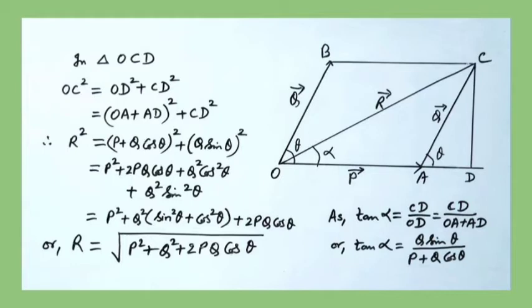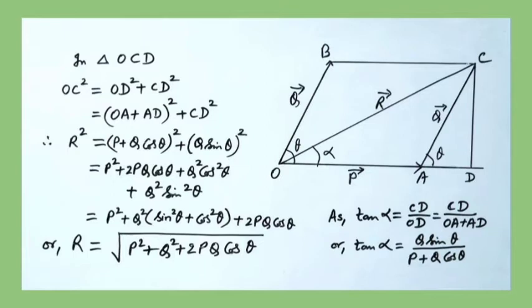After expansion and simplification, we get R square is equal to P square plus Q square plus 2PQ cos theta, or R is equal to under root P square plus Q square plus 2PQ cos theta. This expression gives the magnitude of the resultant vector R.